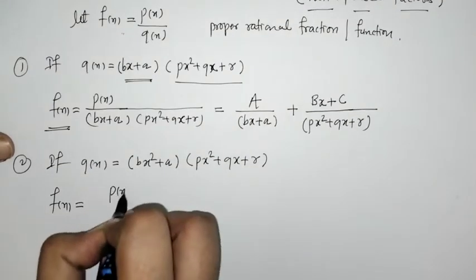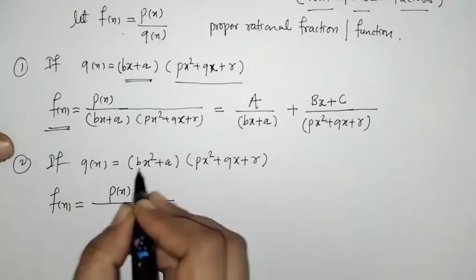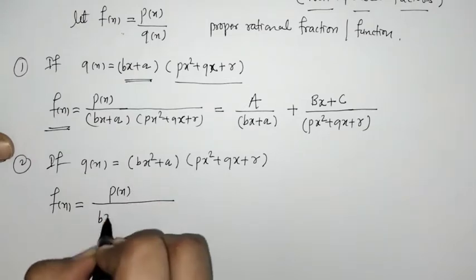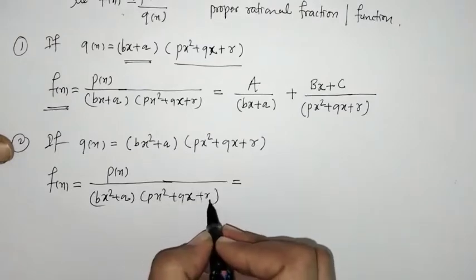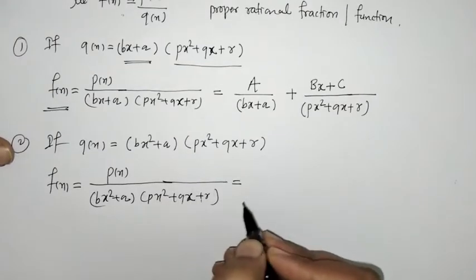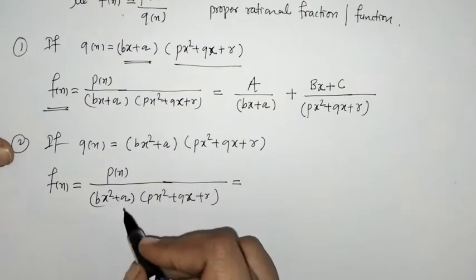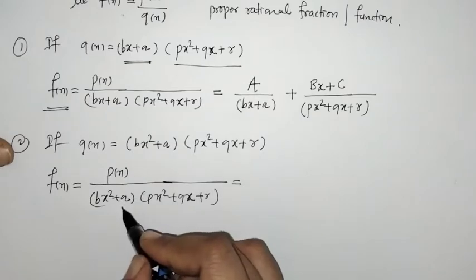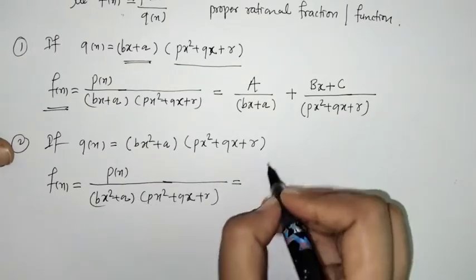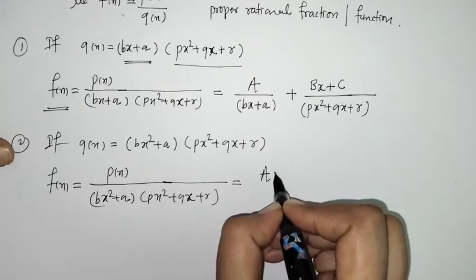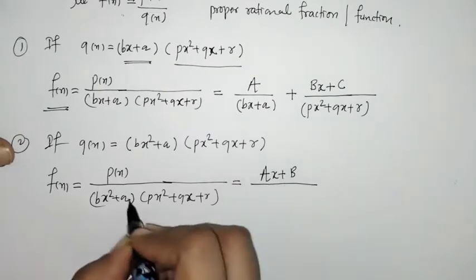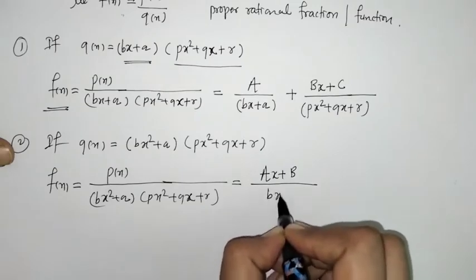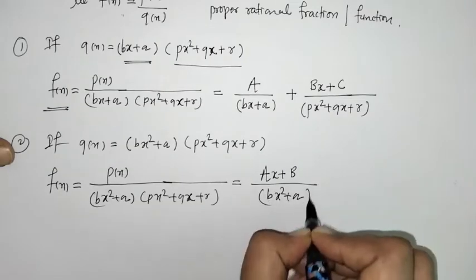First we write down the whole function here. Now we have two quadratic factors and both are non-repeated. For the first quadratic factor we take two constants a and b, and write ax plus b upon bx square plus a.